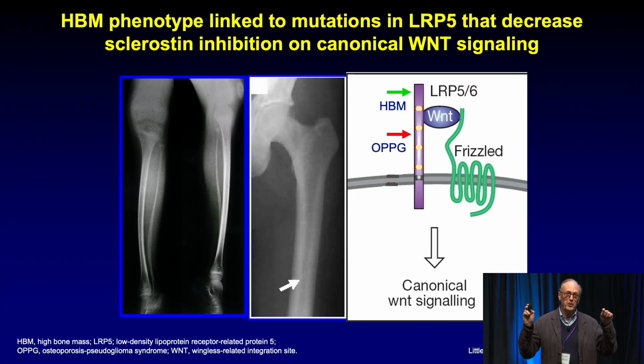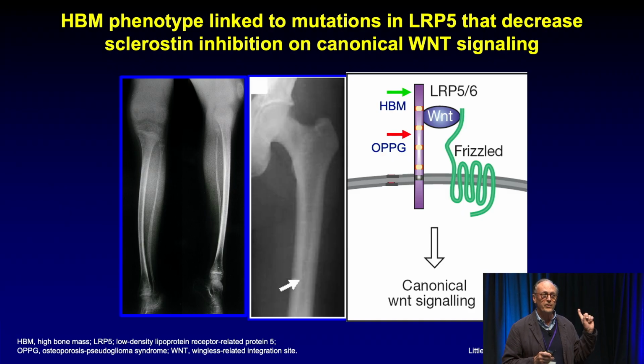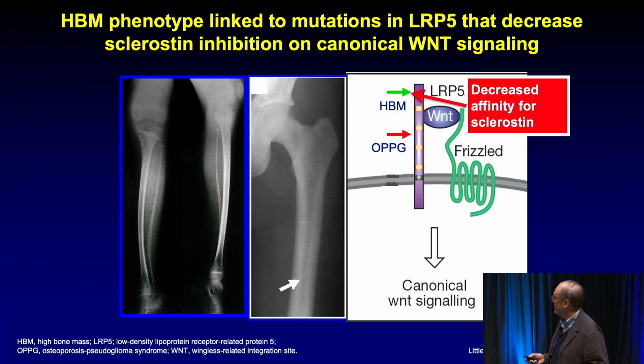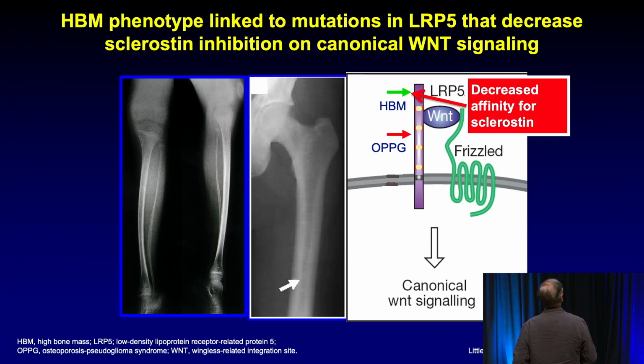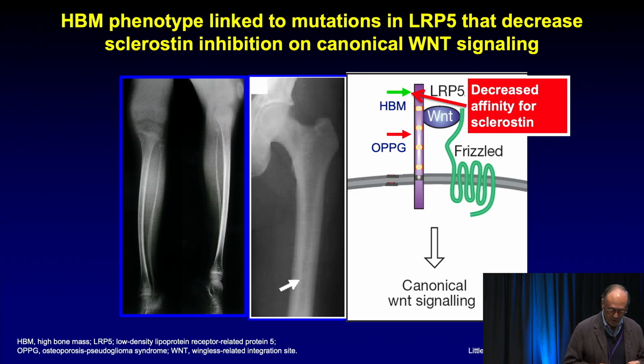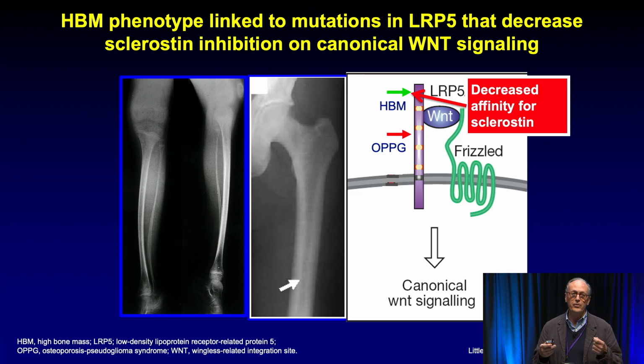And these papers were published 6 months apart. Okay? And 6 months apart from the other one on sclerostin. And the magic of that series of discoveries, all from ultra-rare diseases, is that it turned out that the single point mutation that led to the high bone mass did not create an autonomously activated receptor.